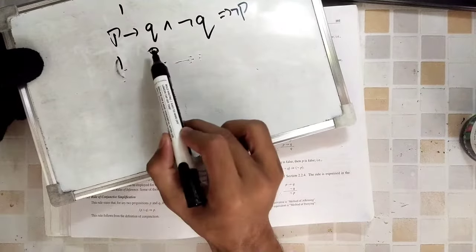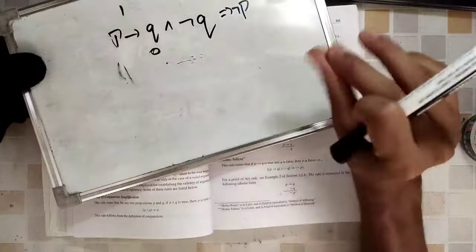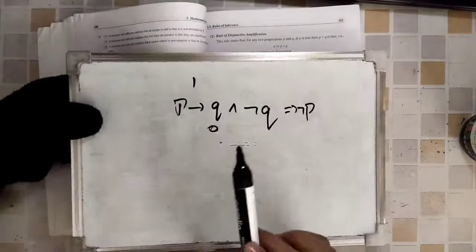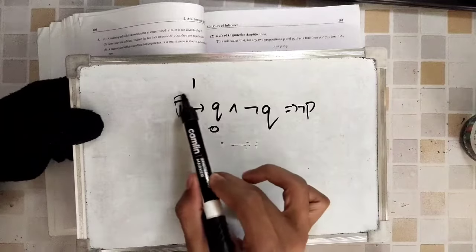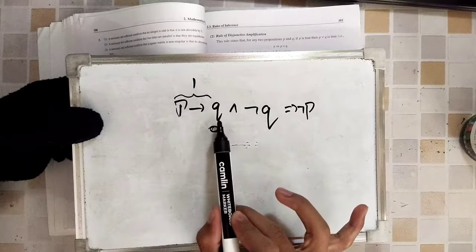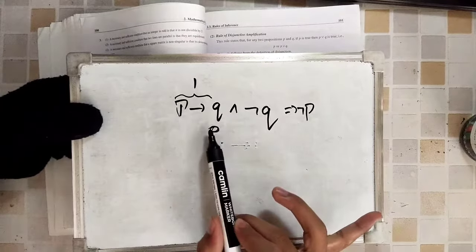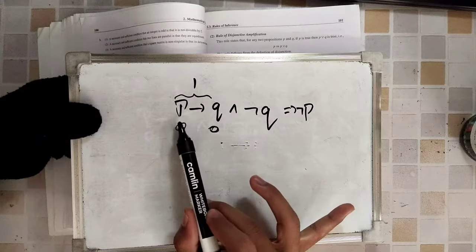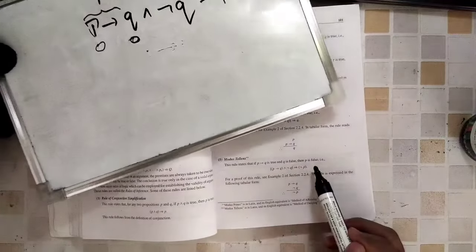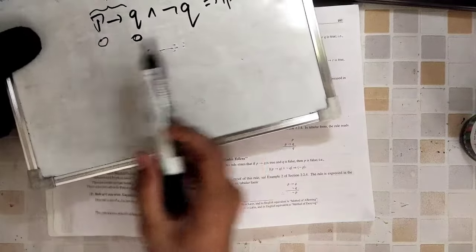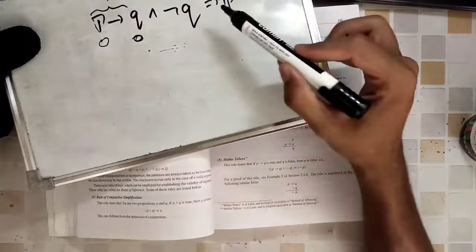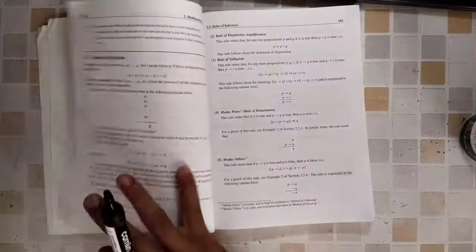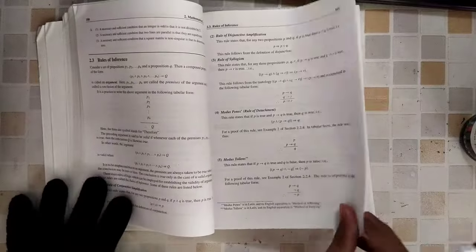If I take 1 implies 0, this is not true, but P implies Q should be true. And they said Q is false, so Q should be 0. So P is 0, that is, P is false. Instead of writing Q is false, we write negation Q, and instead of writing P is false, we write negation P. Okay, so this was modus tollens.